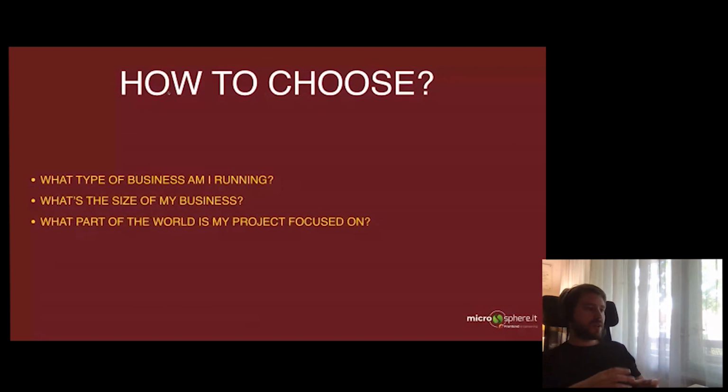What part of the world is my project focused on? That also depends on which kind of map solution you would choose, and I think it's a very important factor. Let's say you want to visualize something happening on a country level, like crime rates in your country, where this region has more crime and this one has less.